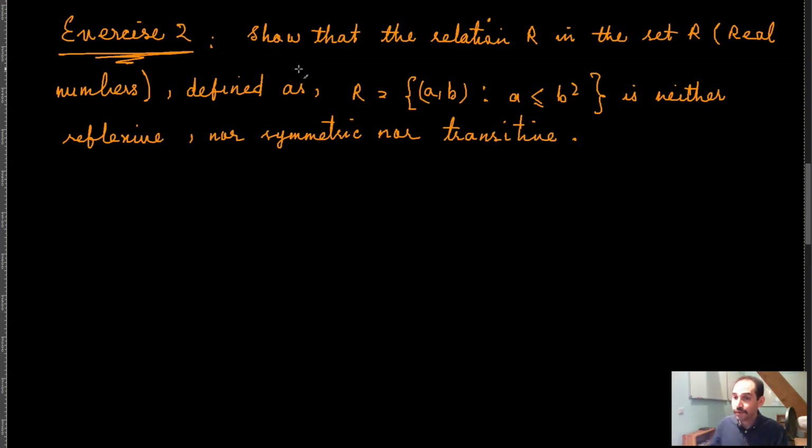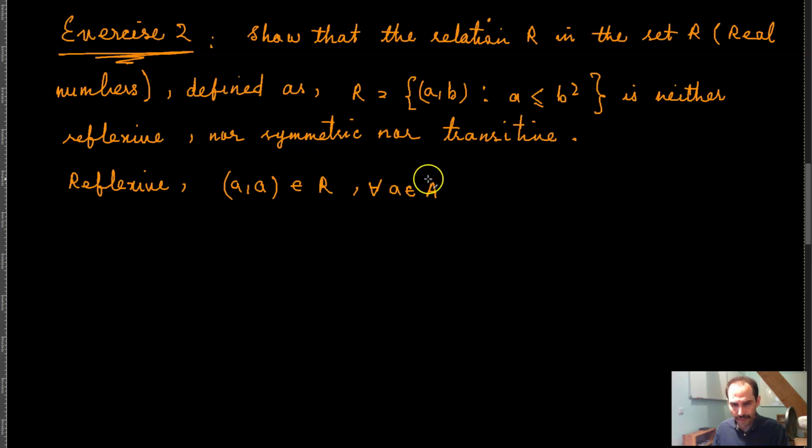Okay, so first of all, if you want to check whether R is reflexive, you need to show that A comma A belongs to R for all A belonging to the set, right?